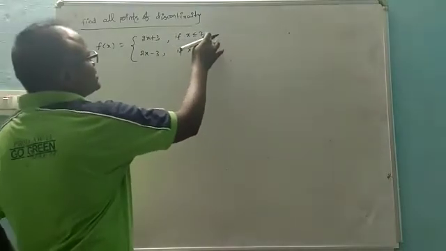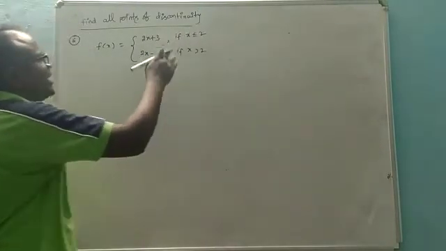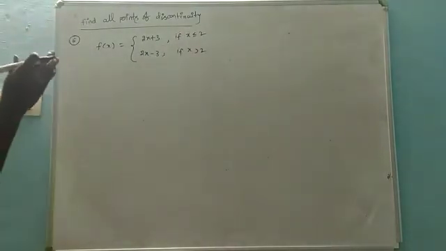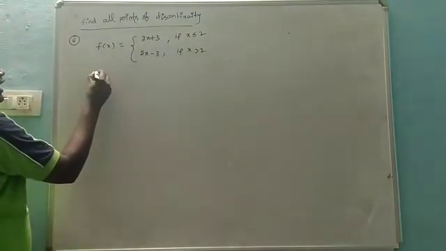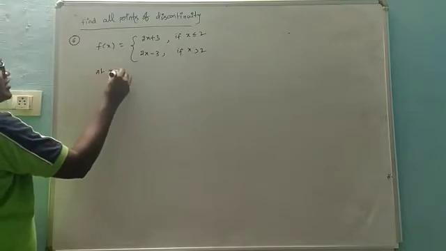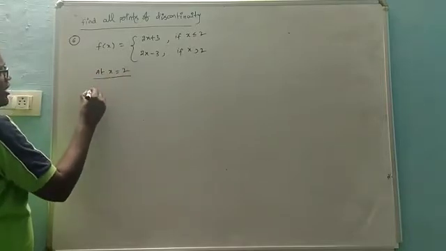So here, what is the common point? Here less than or equal to 2 is there, here greater than 2 is there. You check whether it is continuous or not at x is equal to 2. What about left hand limit?